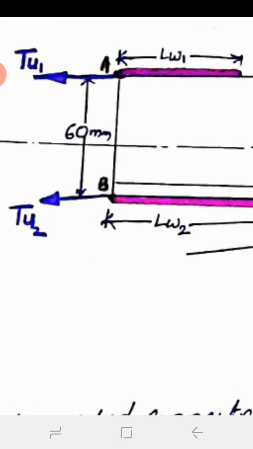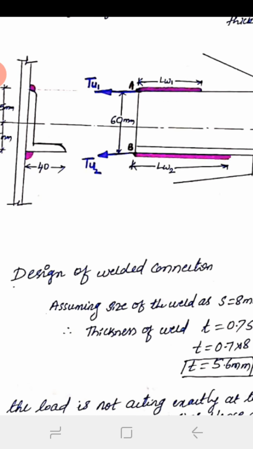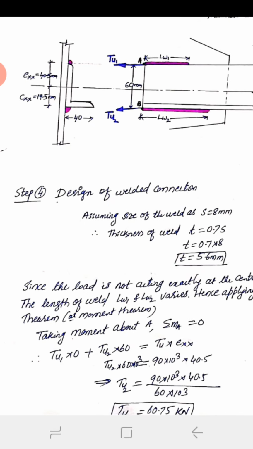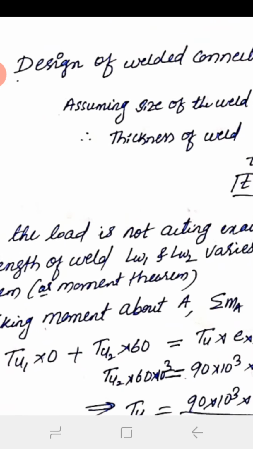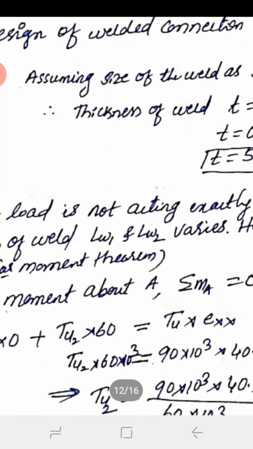Now you have to take the moment about A. Then when you take moment about A, here TU1 into 0, which is passing through the moment center, plus TU2 into 60, equals TU into EXX.